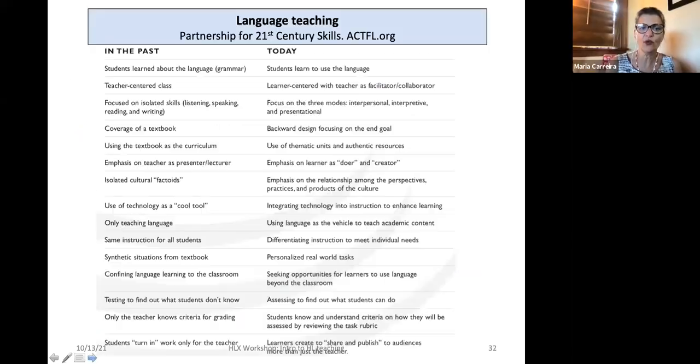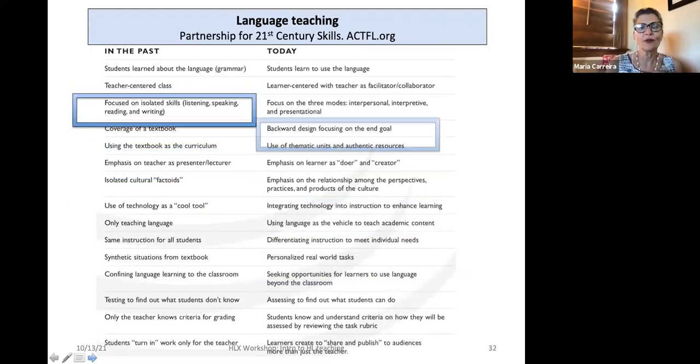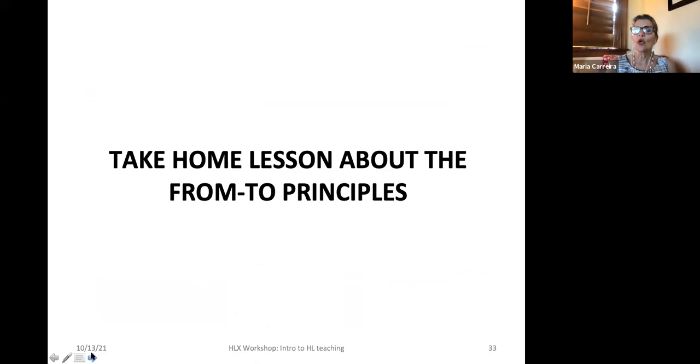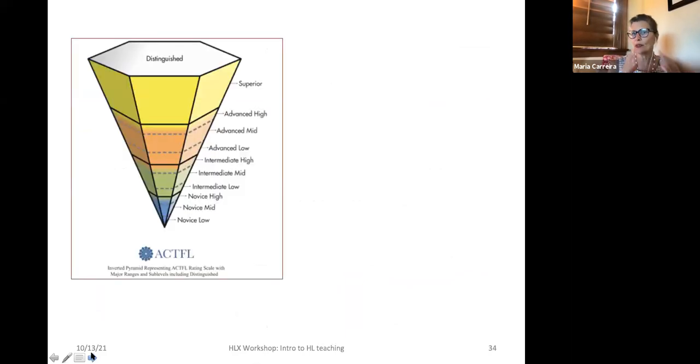Okay, so let me move forward. I got to go through this. Okay, so the take-home lesson about the from-to principles is you can use them to move up the ACTFL proficiency guidelines, right? Starting with where your students are, kick it up, typically 1 sub-level. With some work, you can kick it up 2 sub-levels, right?